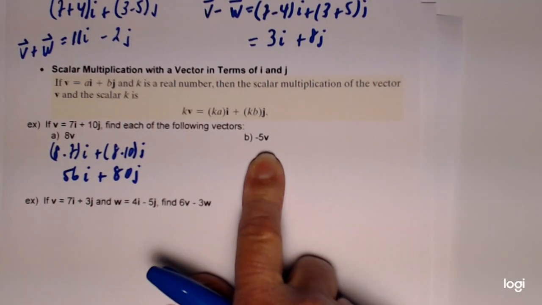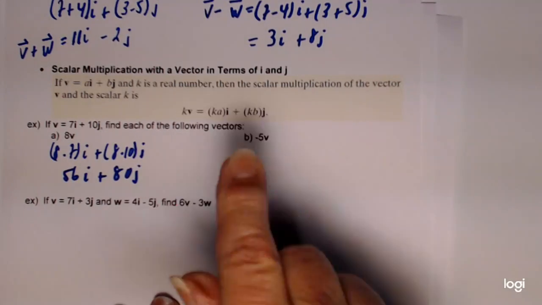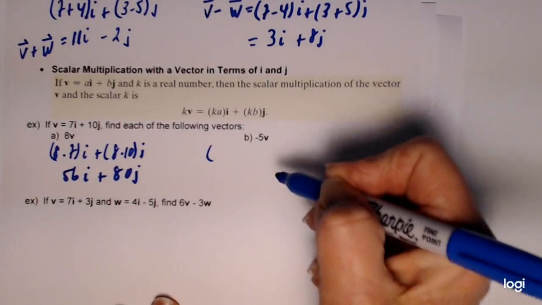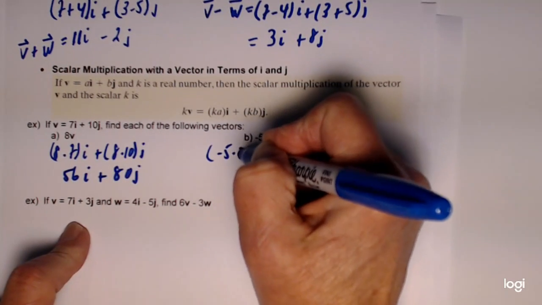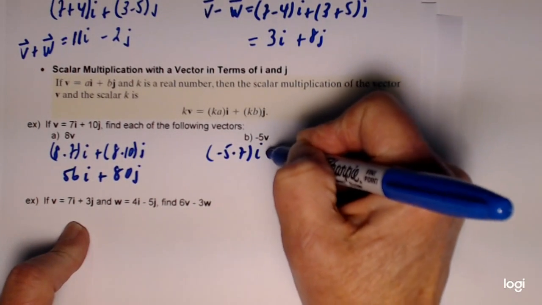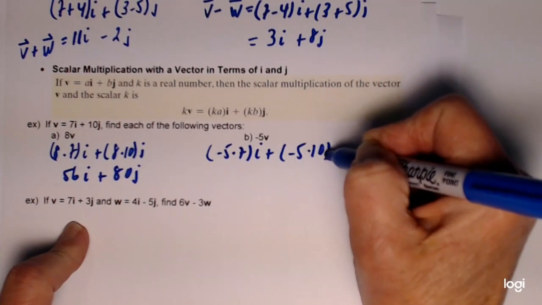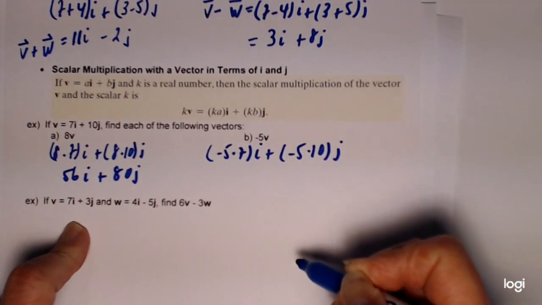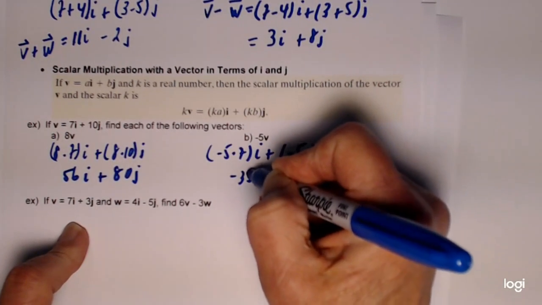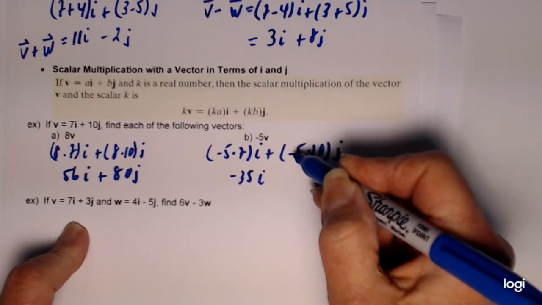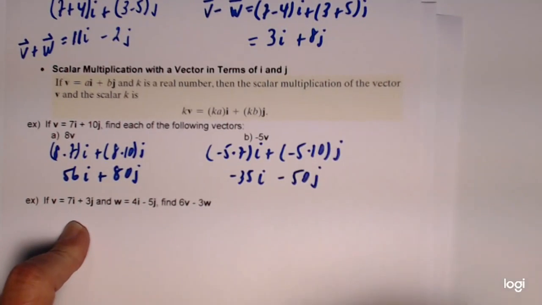In this example, our k now is -5. So we have -5 times our 7 for our i, and then we have -5 times 10 for our j. -5 times 7, we have -35i, and -5 times 10, we have -50j.